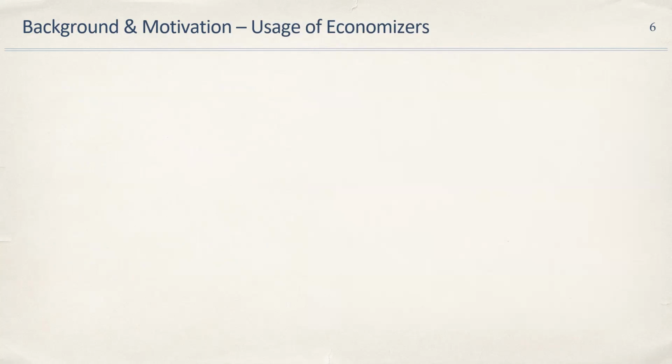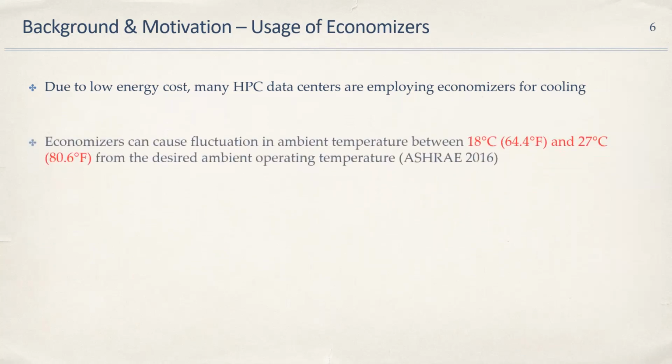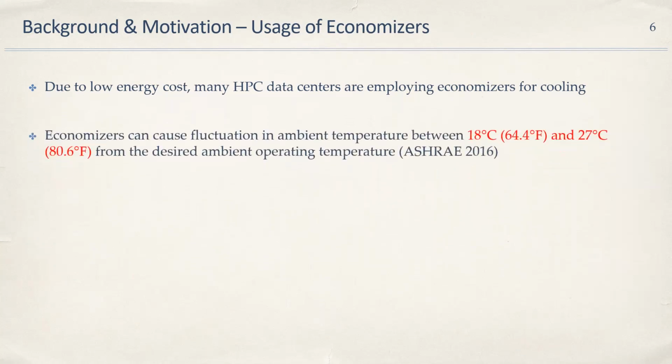Another phenomenon is the usage of economizers. Due to low energy cost, many HPC data centers are employing economizers for cooling. And ASHRAE 2016 studies show that economizers can cause a fluctuation in ambient temperature between 18 Celsius and 27 Celsius from the desired ambient operating temperature.